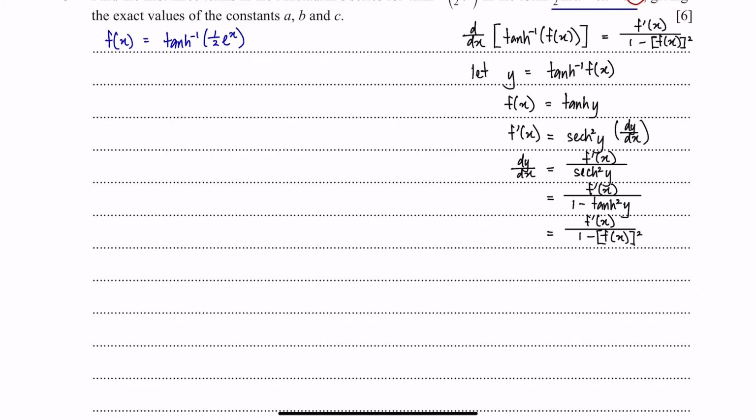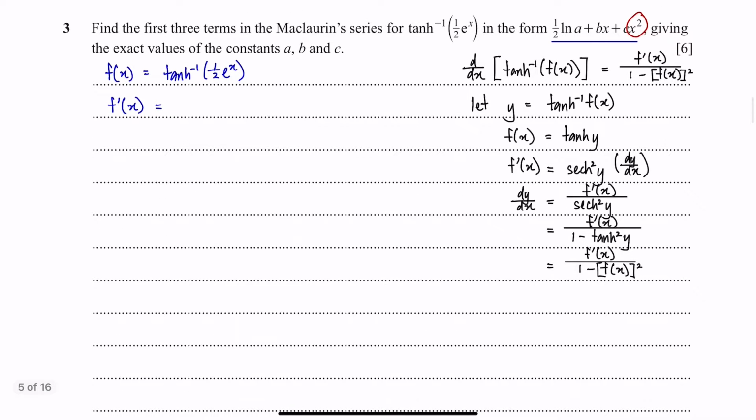And now we will start differentiating f(x). So f(x), okay, so the half e to the x is actually the f(x) in this case. So we will take the derivative of half e to the x, which is also half e to the x, over 1 minus the square of this.